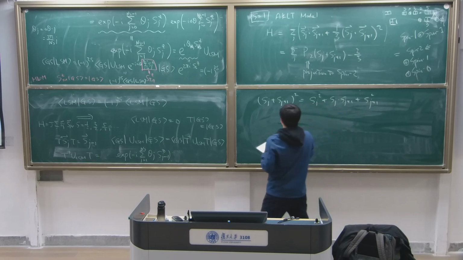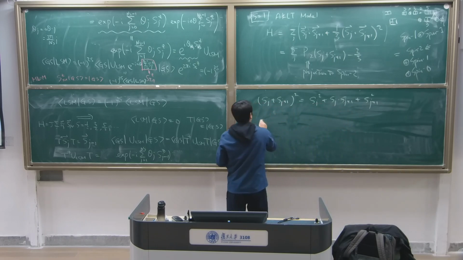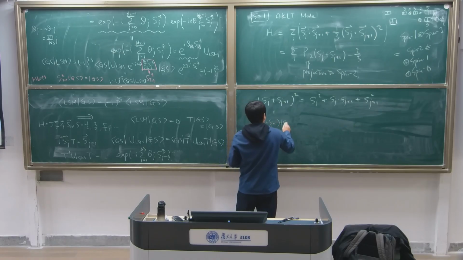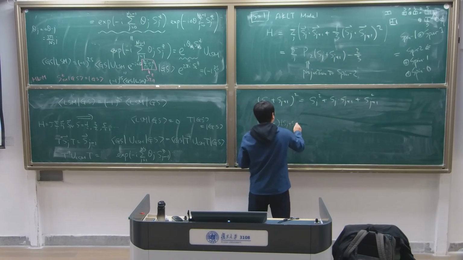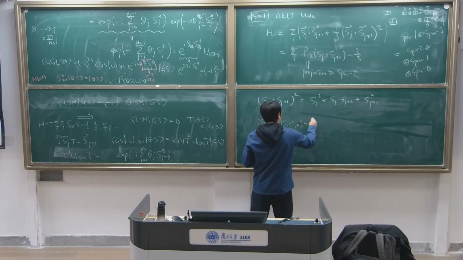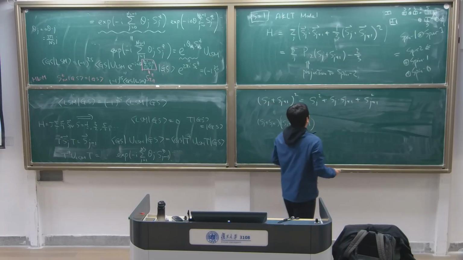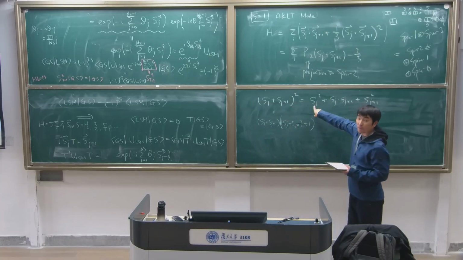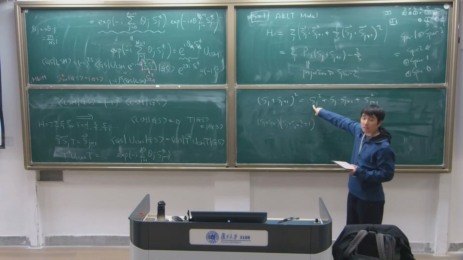And then this one is equal to Sj plus Sj plus 1. And here we know that this is a spin 1 state. So therefore, S squared is equal to what?